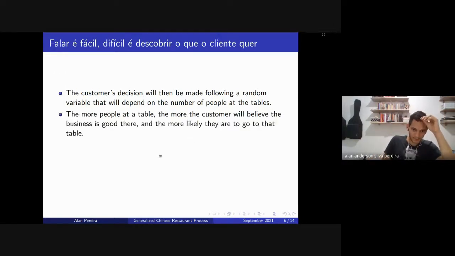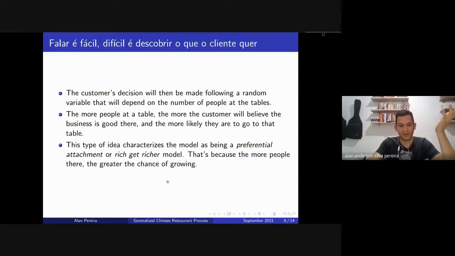And the other parameter you consider is that people will choose the table where there are many people, but people also want to look at the possibilities, so they can choose a table where there is no one.